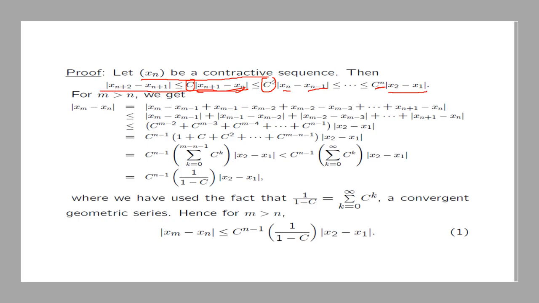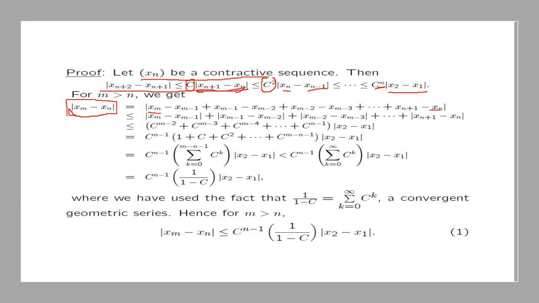Now, we want to show that xn is Cauchy. First of all, we are going to write down the distance between xm and xn. I'll write this as the magnitude of xm minus xn.